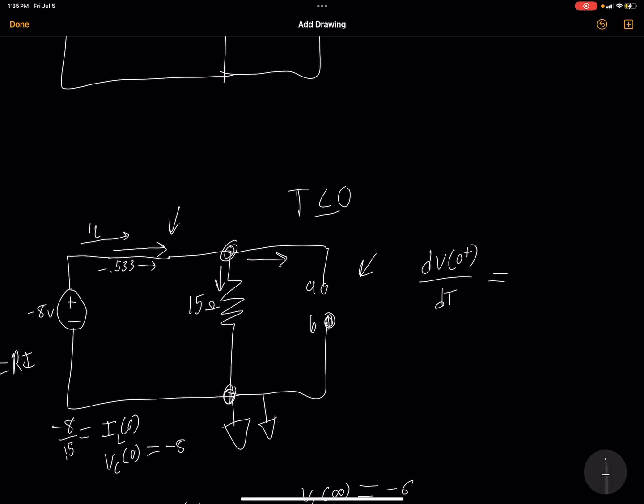So we do a KCL at that node: -0.533, and then the current going down through this resistor is equal to voltage divided by resistance. The initial voltage will be the capacitor's, so we know that the initial voltage is -8 across that capacitor, divided by 15. And this is for 0 plus. This is right after this switches to -6.